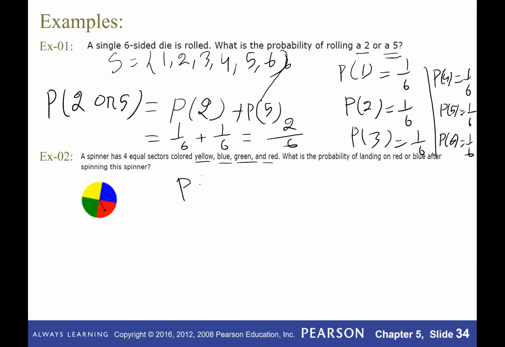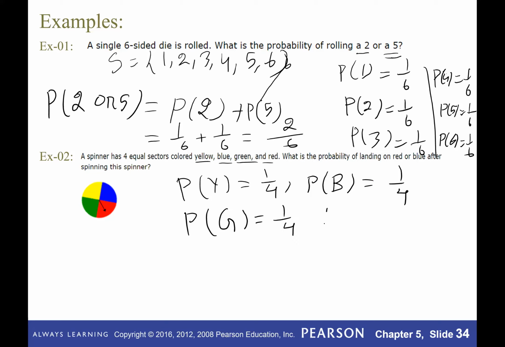So the probability of yellow is 1 over 4. The probability of blue is also 1 over 4. The probability of green is also 1 over 4. And the probability of red is also 1 over 4.